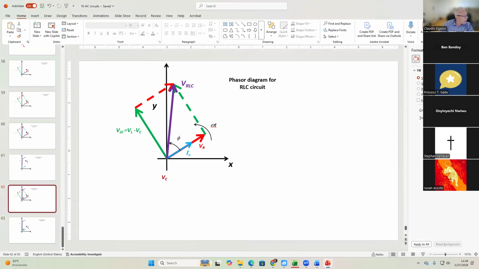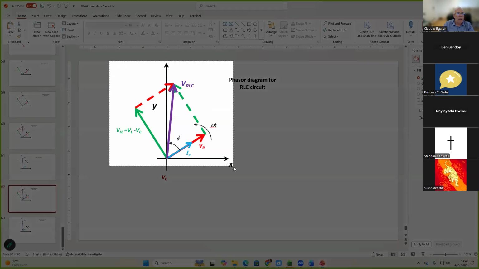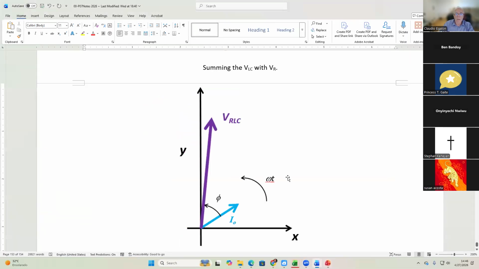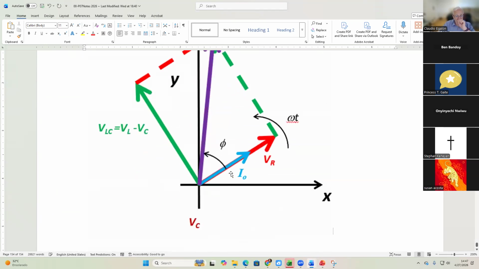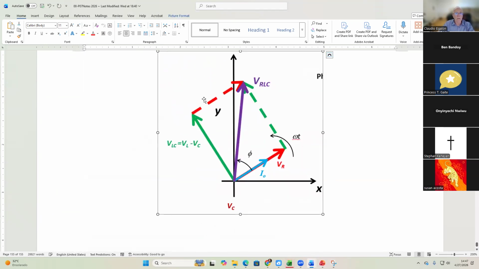Let's take a look. Snipping tool. Let me copy. In order to get the angle phi, here you go.